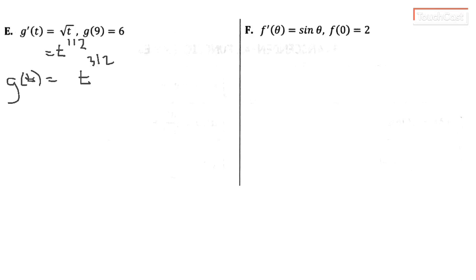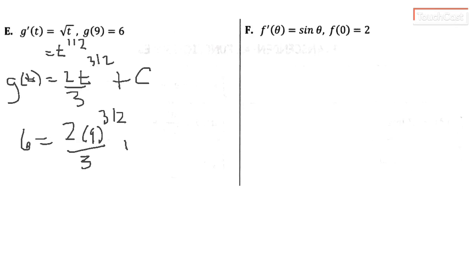And when we have a fractional or rational exponent like this, the number that's going to go out in front is the reciprocal of the power. So we're going to go 2 over 3, t to the 3 halves, and then we have to put our plus c at the end. So now we're going to have 6 equals 2 times 9 to the 3 halves over 3 plus c.